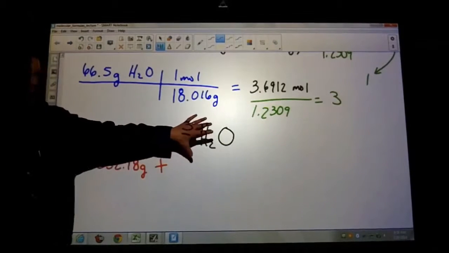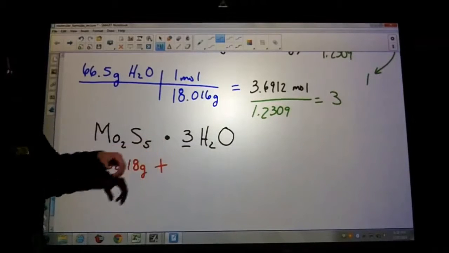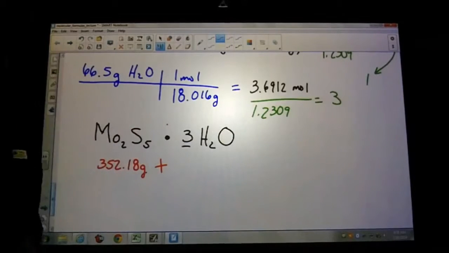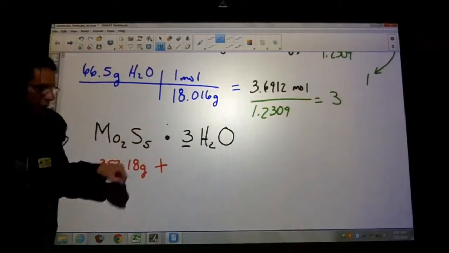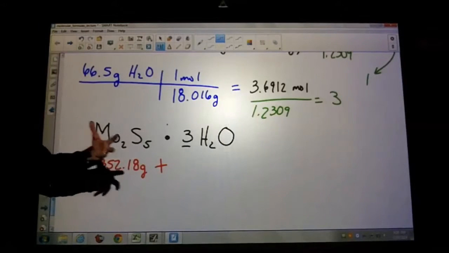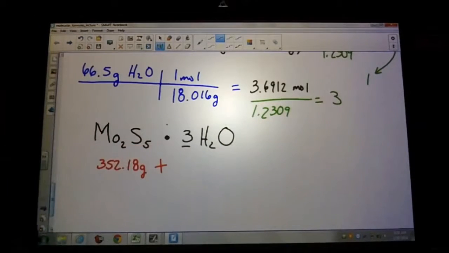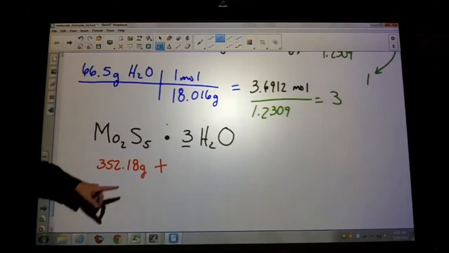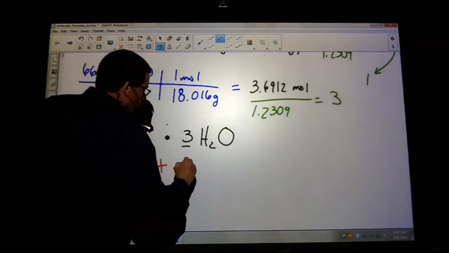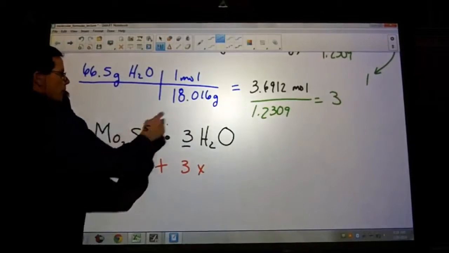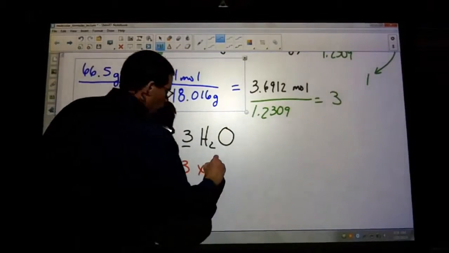Because you have 3 water molecules chemically attached. So that's not a multiplication dot. That's a big dot. It represents that water is attached to that guy. So we do an addition sign, and then you do your 3 times the 18.016.